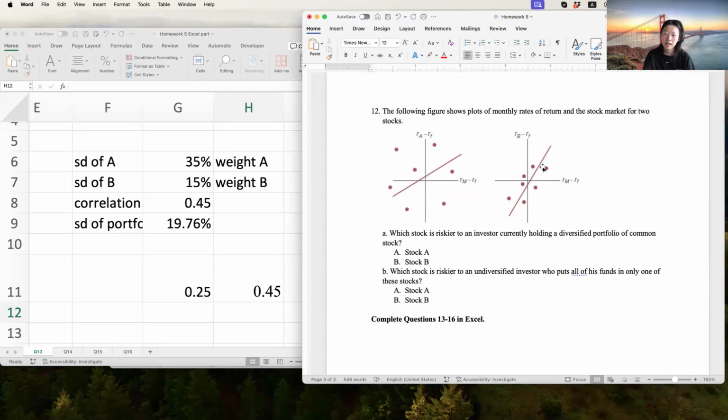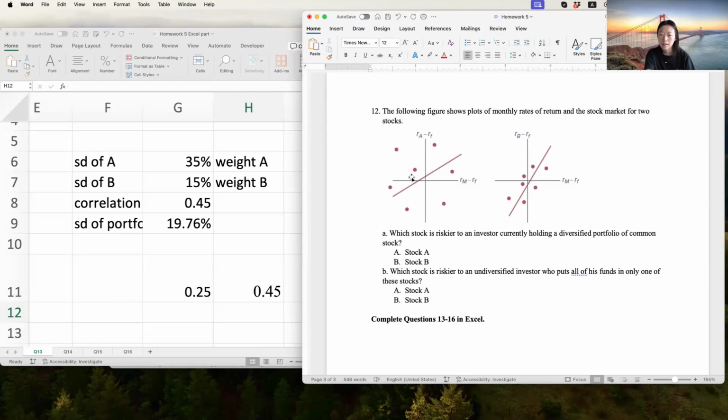Stock B moves positively with the market: when the market goes up, stock B also goes up.